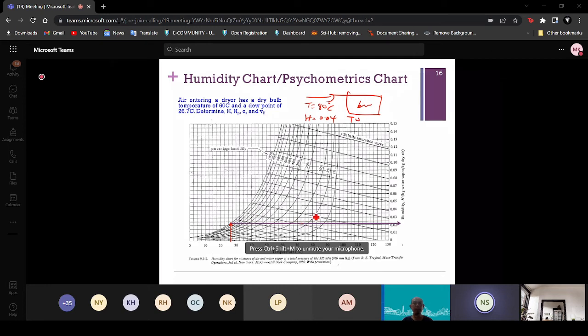Okay, look: 80 degrees Celsius, one vertical line, and then one horizontal line for humidity here. You get the intercept here, more or less. The nearest line is here. So take a ruler, go up a bit, then draw that line with the same gradient, stopping at 100. So from here you go down.